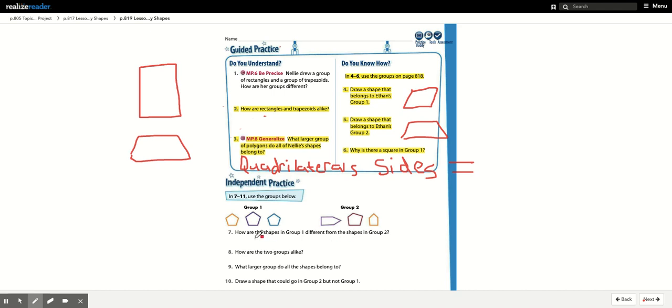So again, look at the shapes specifically and compare them. I'm going to annotate different to help. I'm going to put G1 for group 1. If you're thinking all the sides in each shape are the same, that's right, they're the same length.